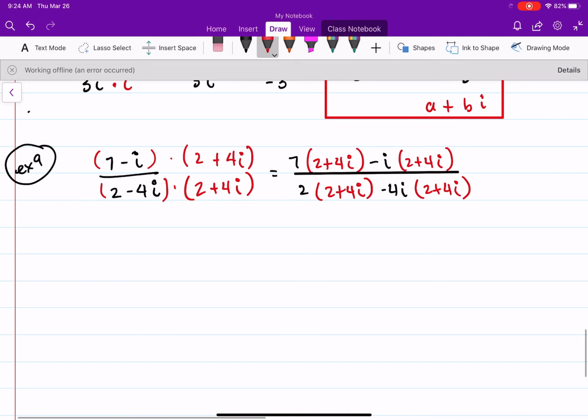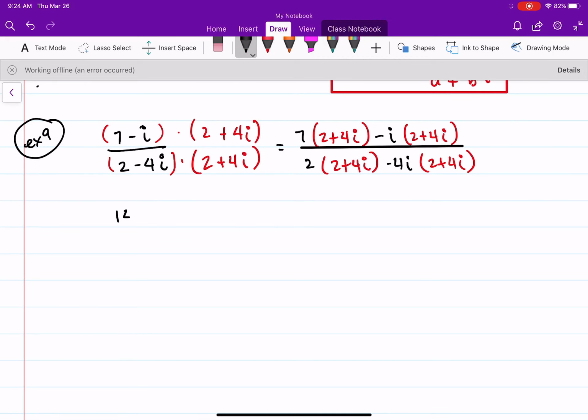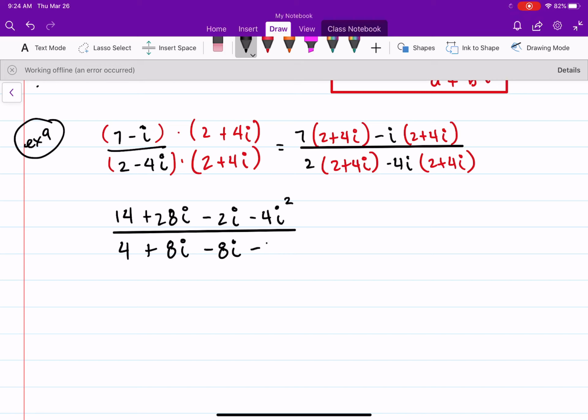Let's look at what the top gives me. The top is going to give me 14 plus 28i minus 2i minus 4i squared, over 4 plus 8i minus 8i minus 16i squared.